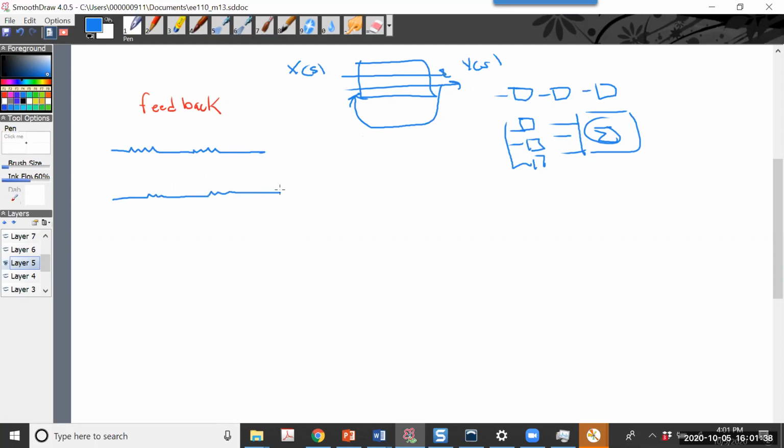Now let's just redraw the circuit of an integrator, non-inverting.